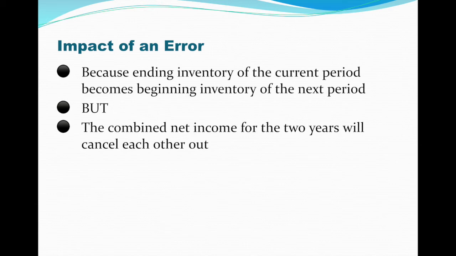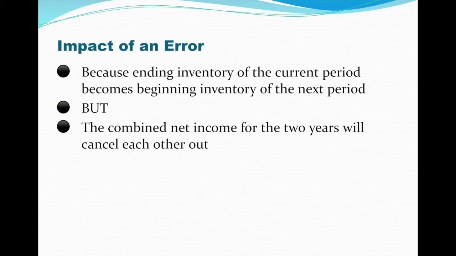A sort of, I don't know if I'd call it a saving grace, but errors will usually cancel themselves out over a long period of time, usually 2 years. That doesn't mean, however, that the errors don't matter. Accounting is all about giving the most valuable information in as timely and relevant a manner as possible.